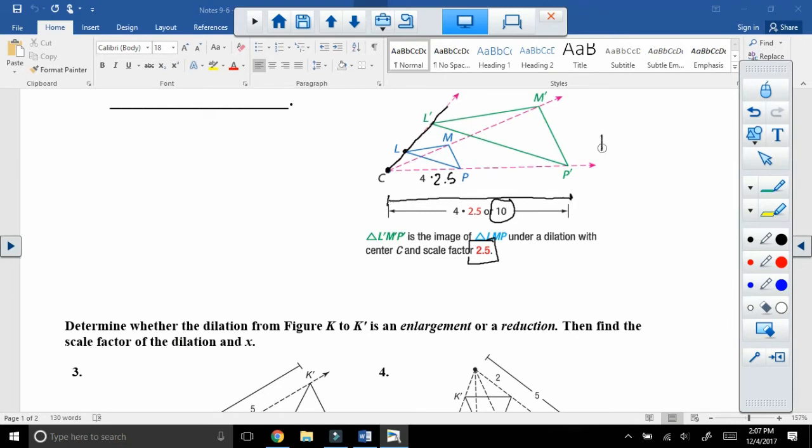Or again, if you divided for the scale factor, C to P prime divided by C to P, meaning the distance from a point to a point on the image, that's 10. And then to the pre-image is 4. If you were to divide those, you would get 2.5. So we'll do some examples, and if it's not clear now, maybe after the examples, it'll become clear.